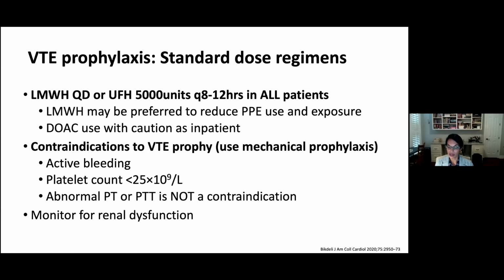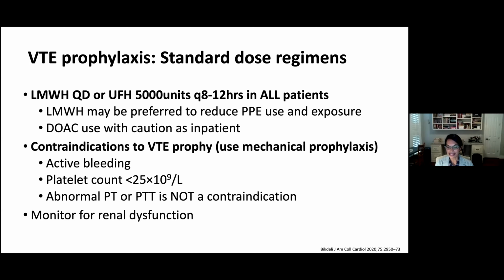Low molecular weight heparin is preferred if the creatinine clearance is at least 30, as daily dosing minimizes exposure and PPE use. DOACs, or direct oral anticoagulants, for prophylaxis should not be used routinely as inpatients, and providers should pay attention to renal dysfunction, in which case unfractionated heparin may be preferred.